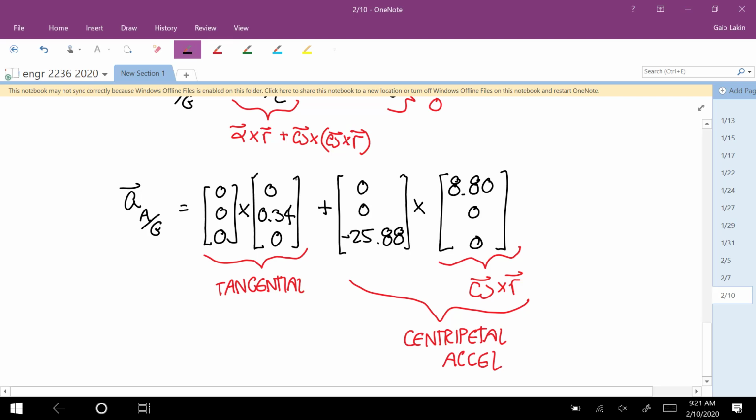And so there's no tangential acceleration in this problem. What's 25.88 times 8.8? Okay, so that is in the y direction, and it's negative 227.74 meters per second squared.